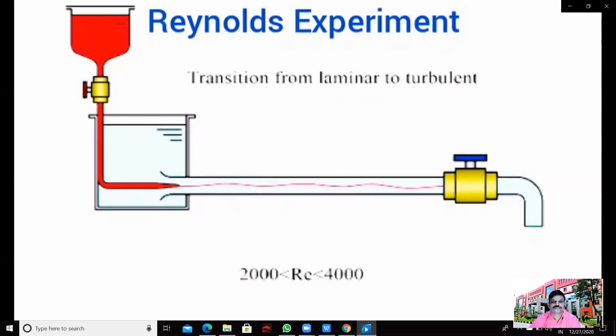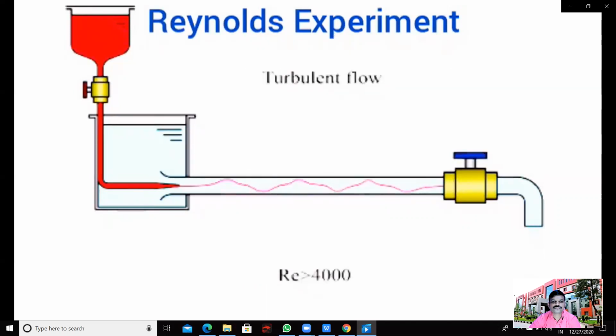When the flow velocity is increased to a higher value, the wave of the dye disappears and it diffuses into the water. It means the dye particles are moving in a random fashion, which shows the case of turbulent flow.